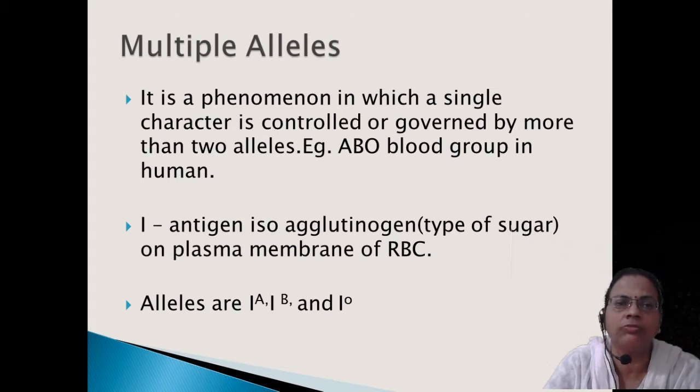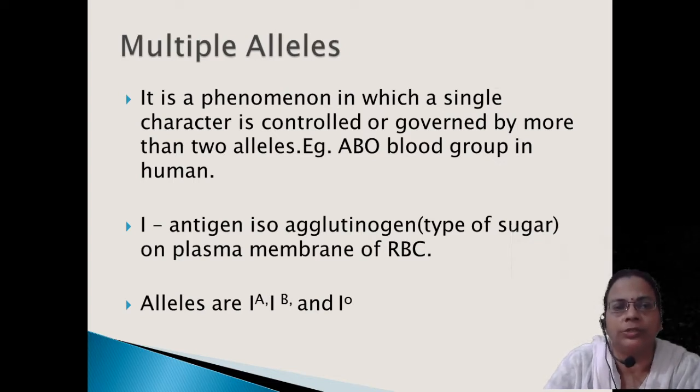In an individual, we cannot observe multiple allelism, because each and every organism will get only a pair of factors or a pair of alleles, so three alleles it cannot exhibit. So this multiple allelic inheritance can be studied only in a population, where more than two allelic forms can be observed, not in a single individual.